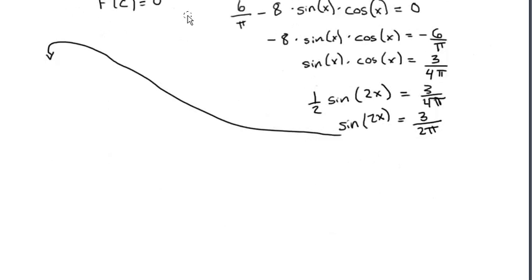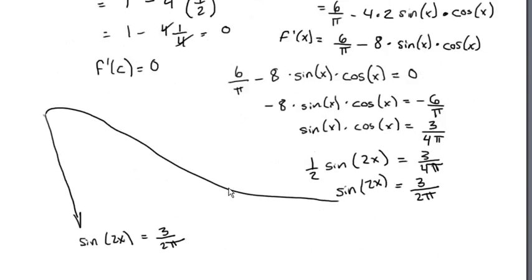And we can erase this and bring it down a little bit further. There we go. Sine of 2x equals 3 over 2 pi. We can take an inverse sine of both of these as long as we remain in the interval that we are considering.